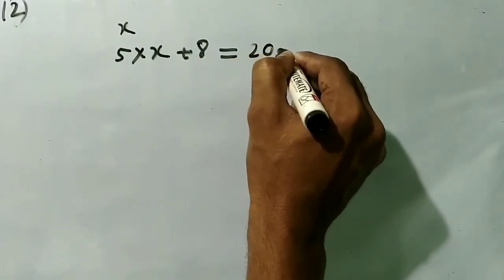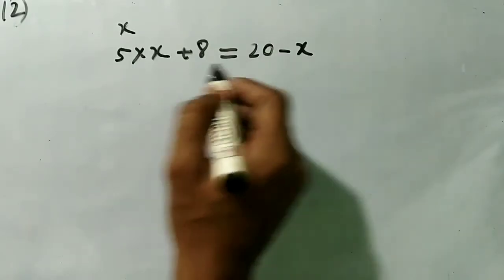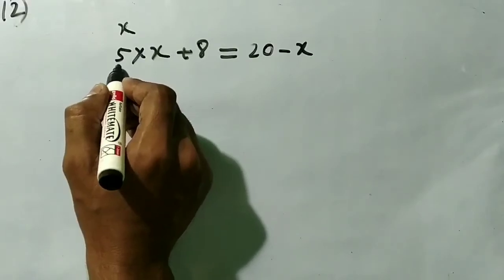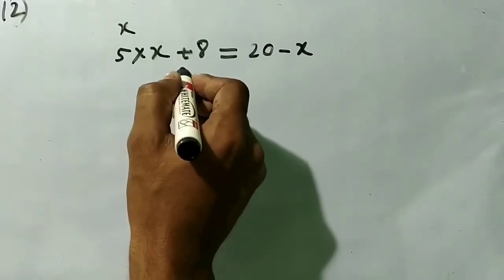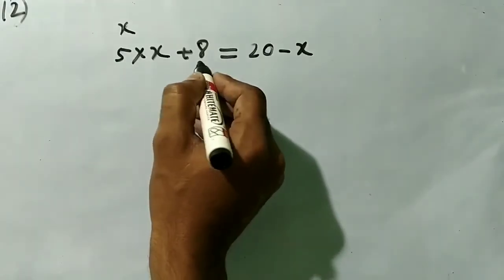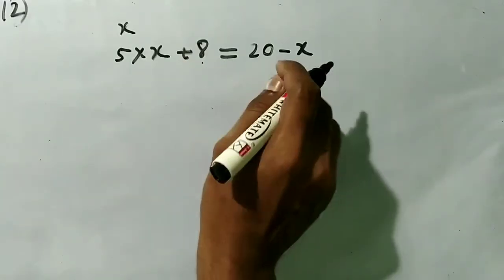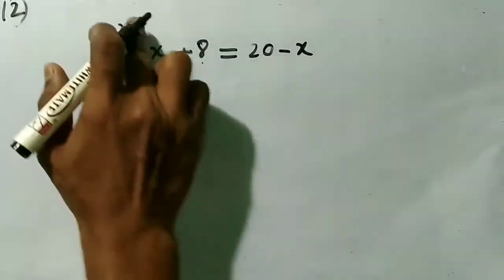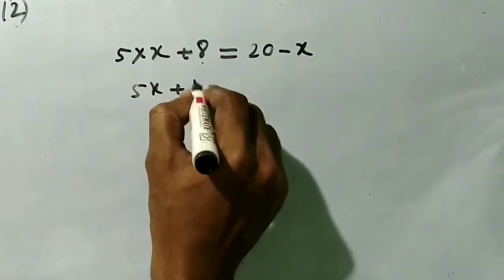So Suhana's number is x. Suhana has to multiply her number with 5 and add 8 to it, 5x plus 8. So it gives some value which is equal to 20 minus Suhana's number. So we got this equation. Let's do here, that is 5x plus 8 is equal to 20 minus x.